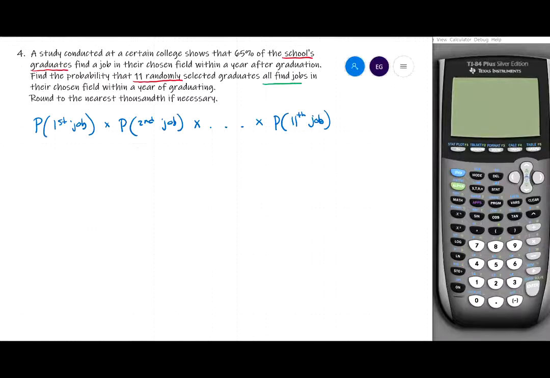And we're given that for an individual student, the probability that one randomly selected student finds a job in their respective field is 65%, or 0.65.